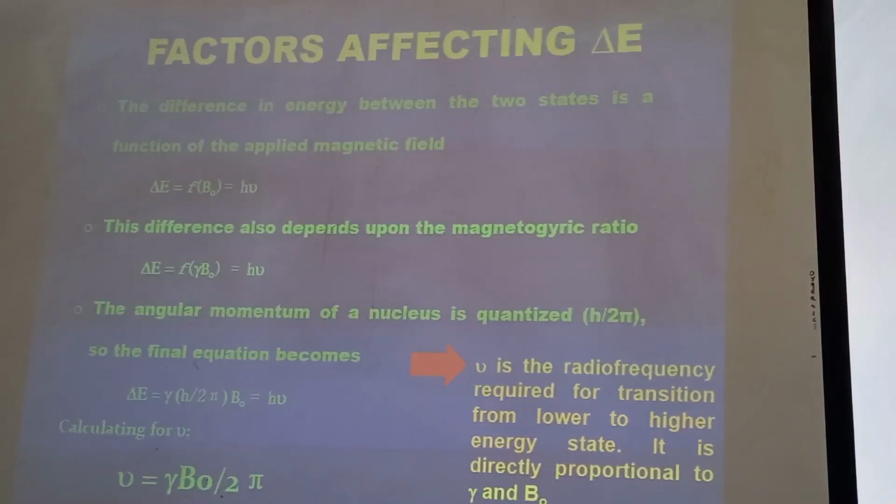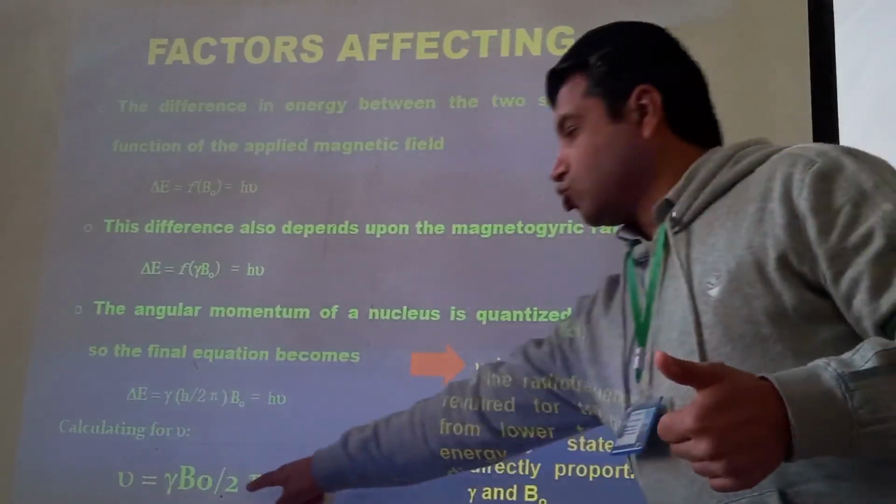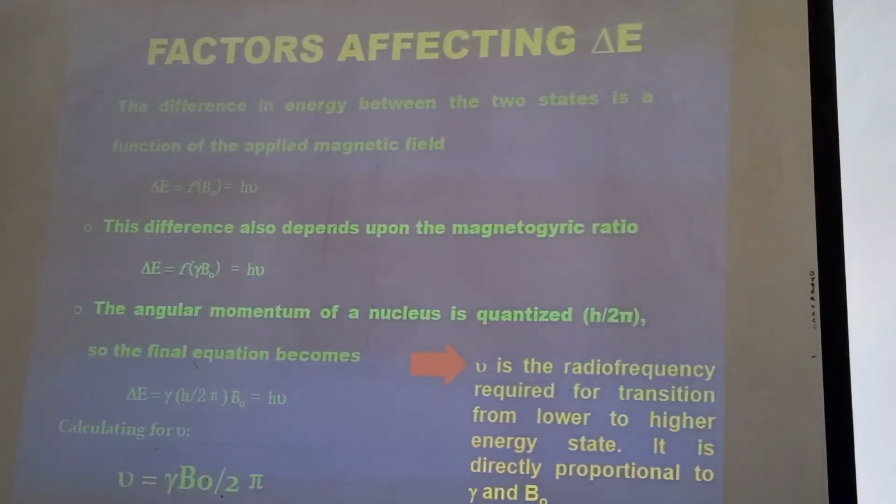Gamma for a particular nucleus, the gyromagnetic ratio, is constant, and 2 and pi are constants. So if you take them as constants and convert this equation into proportionality, nu is directly proportional to B naught. So Larmor frequency, del E and radio frequency, all of them are directly related to B naught.